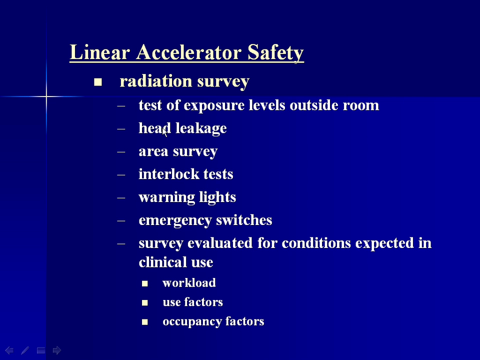We also want to make sure of the head leakage. In other words, once the machine hits the target, the radiation actually comes off in all directions, and there is radiation that can leak through the head of the machine. In my experience, a machine I was working on had some work done by an engineer. He was working in the head of the machine, where there are all these lead blocks, essentially.